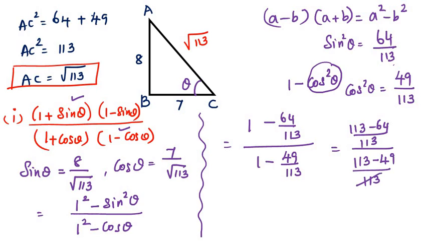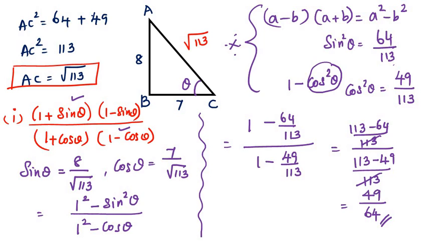Now we can cancel the 113 and this 113. The simplified numerator is 49 and the denominator is 64. This is the most important way to simplify the numerator and denominator. Remember, you have to do this without making mistakes.